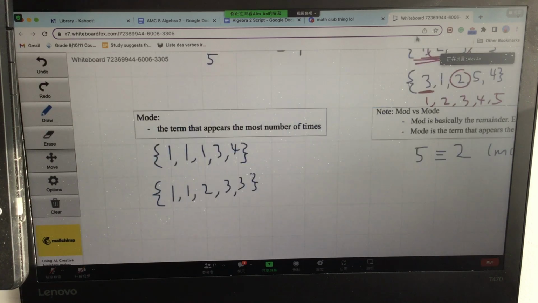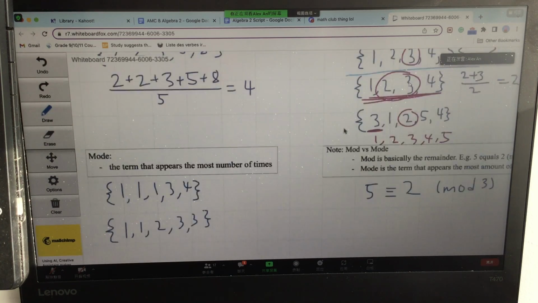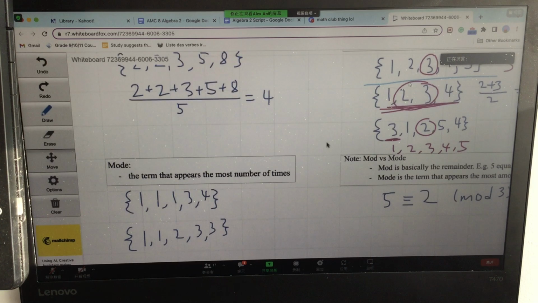And then next, we have mode, and mode is really easy. It's the number that appears the most number of times. Here, as you can see, 1 appears 3 times, and 3 and 4 each only appear once. So the mode is 1, because 1 appears the most number of times.